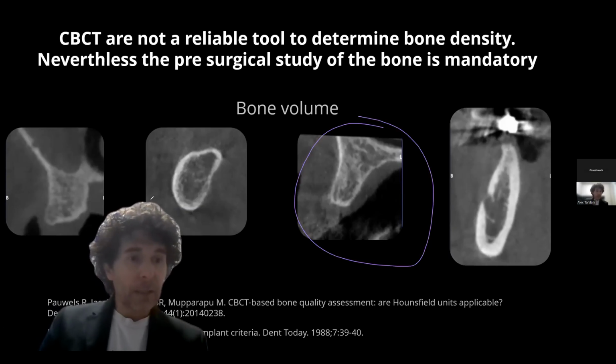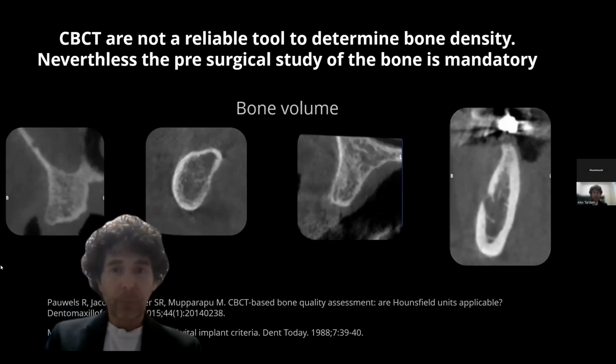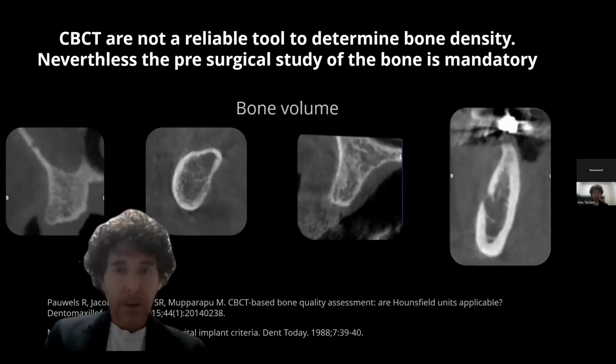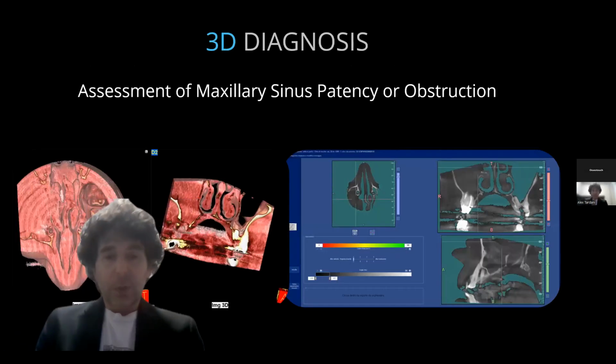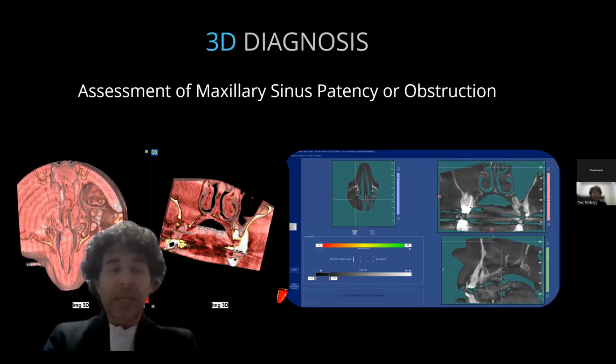One last fundamental thing when talking about the maxilla is the maxillary sinus itself. Very often, during our tomographic evaluations, we can see, as in this case, patients with a completely opacified sinus.